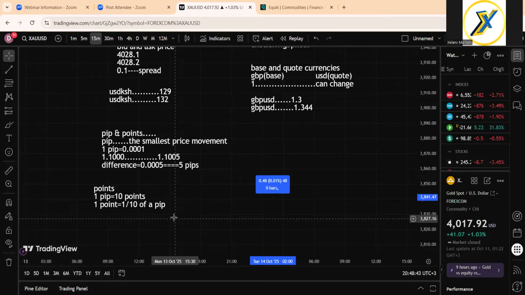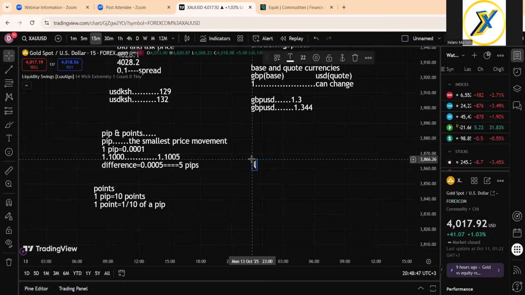You hear that brokers tell you that they offer leverage. So leverage is what allows you to control a large position with a small amount of capital. For example, a broker will tell you they have a leverage of 1:1,000.